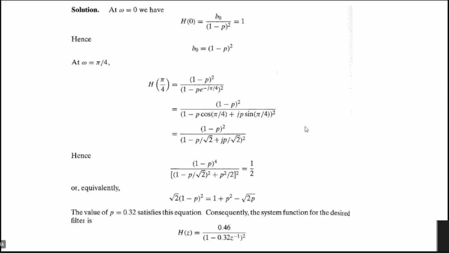(1 minus p by root 2) whole square plus 2 into (1 minus p by root 2) into j into p by root 2 plus, it is a plus b whole square.